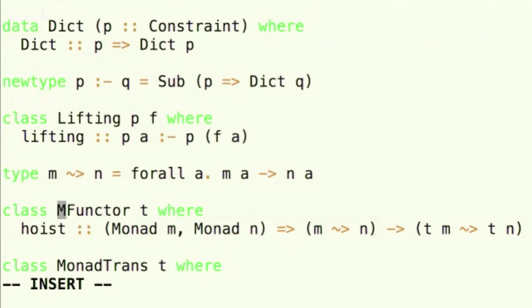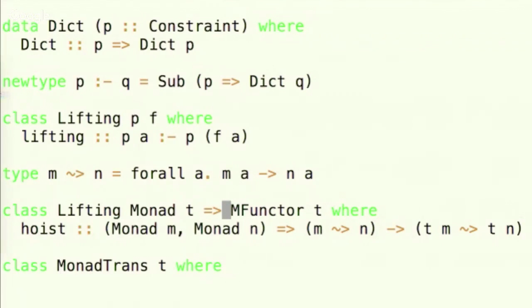The thing that's missing here is that we really need to know that this lifts monad T, and that says that you can play games to open up this dictionary whenever you really need to prove that T of M is a monad.